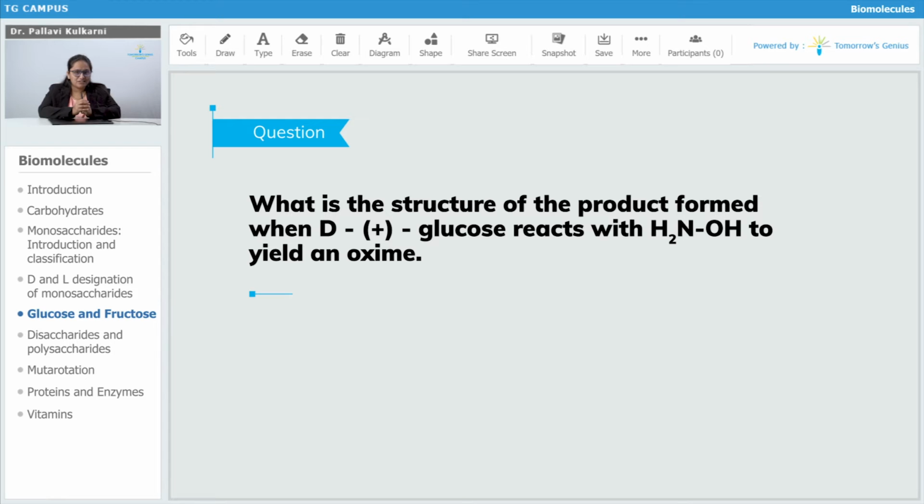Let us draw the structure first, then we will see the product formation. While writing down the open structure of glucose, write down the 4 carbon atoms in a row. Write down the CHO group, that is the aldehydic functional group, in this way.